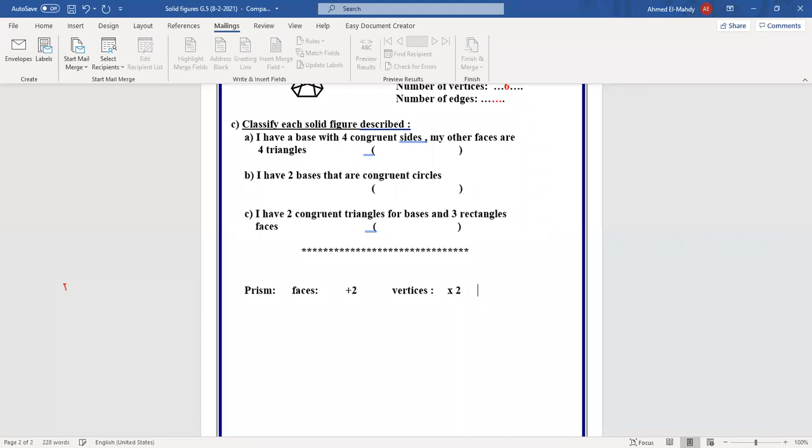To find the number of edges, multiply by 3. This is the prism, everyone.